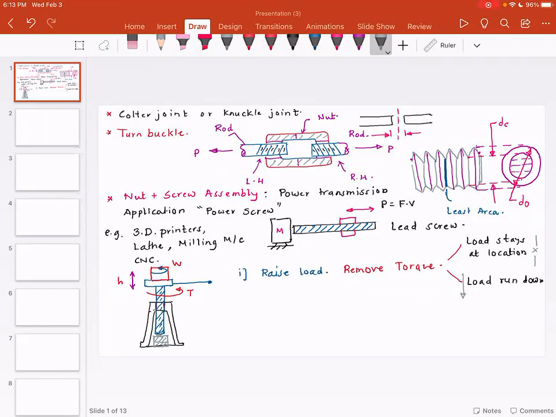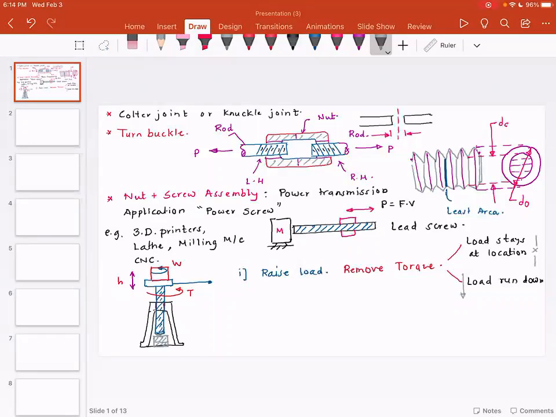Now, why does this thing happen? Why would something like this phenomenon happen? And what would dictate whether it's sort of a rundown load case or is it a load lock case?